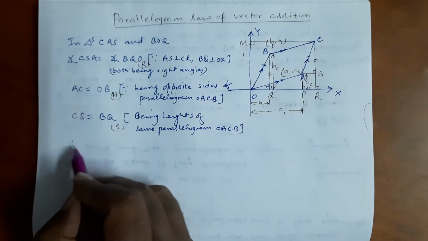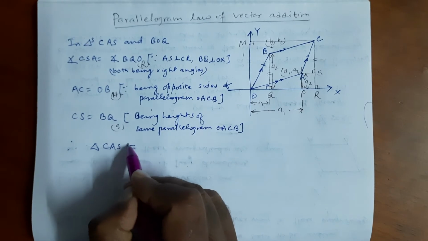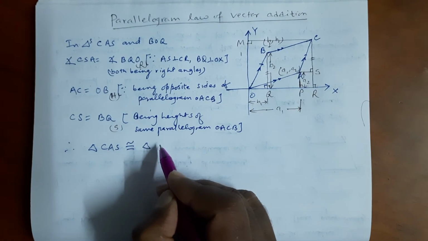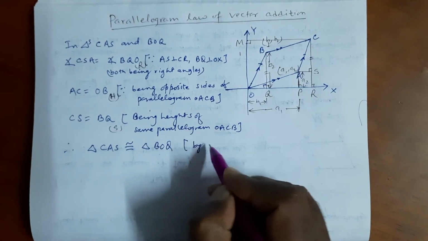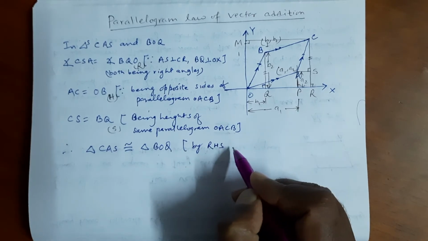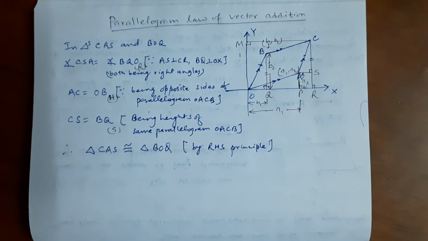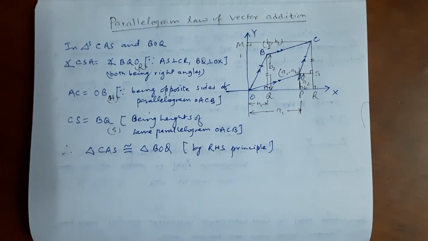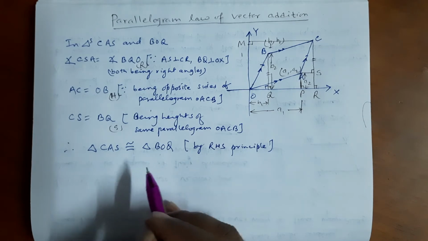Therefore triangle CAS is congruent to triangle BOQ by the right angle hypotenuse side principle. By this principle, these two triangles are congruent.